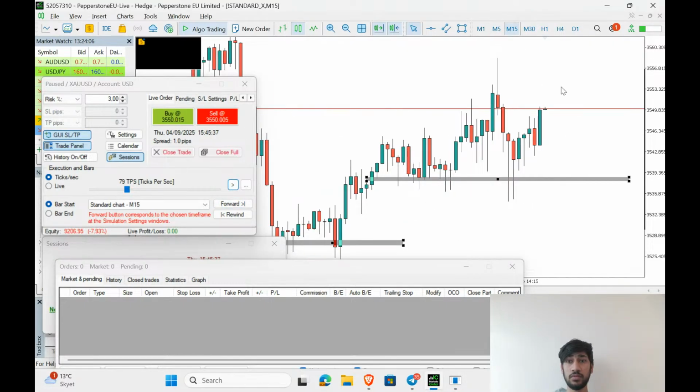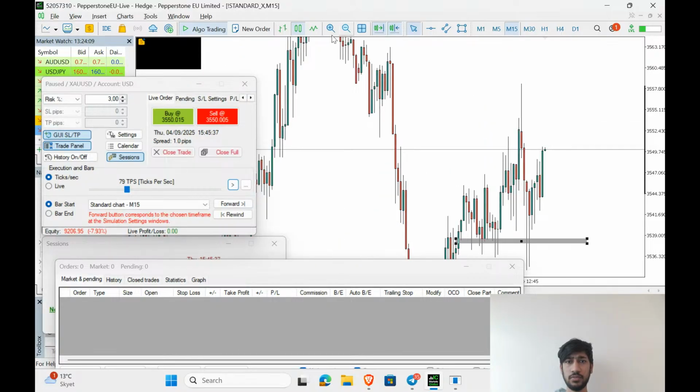On the 30 15 minute we closed bullish, but we have just a rejection right over here.